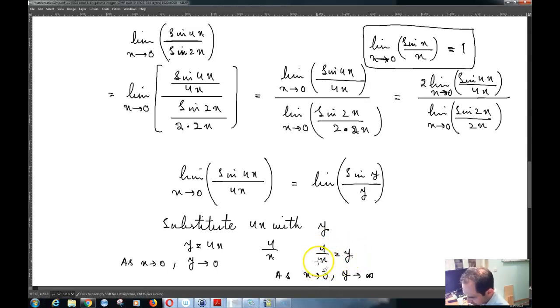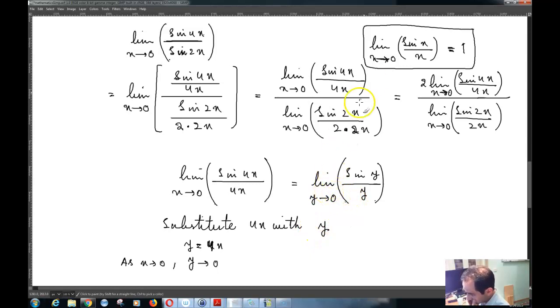They have an inverse relationship. So in that case you would solve the problem differently, but over here they have a direct relationship, and you could solve the problem very easily that way, meaning that as x tends to 0, y tends to 0, and instead of x tends to 0, you could simply write y tends to 0.